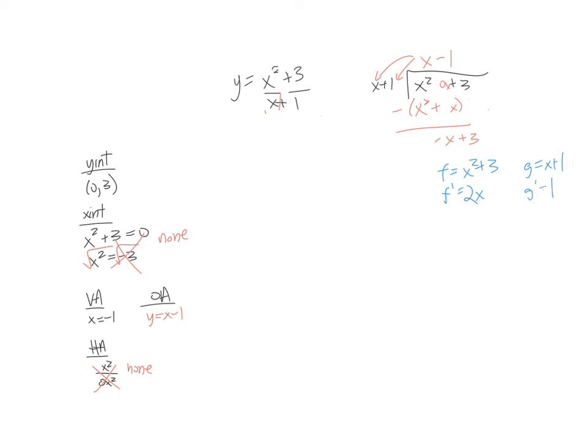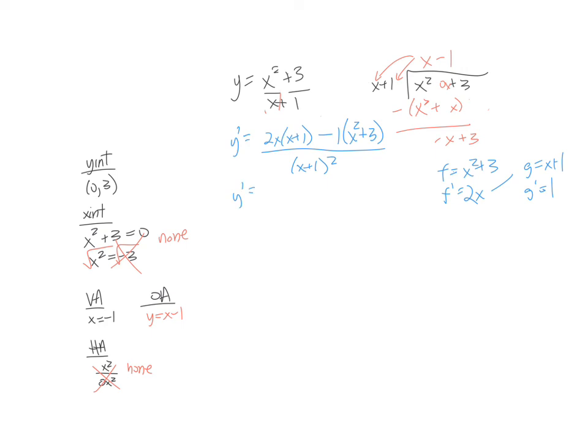So when we do our quotient rule, let's write it over here. So our rule will be 2x times x plus 1, and then we would subtract the 1, so 1 times x squared plus 3, and that would be all over our bottom term squared. So let's simplify the top and see where we can go with this.